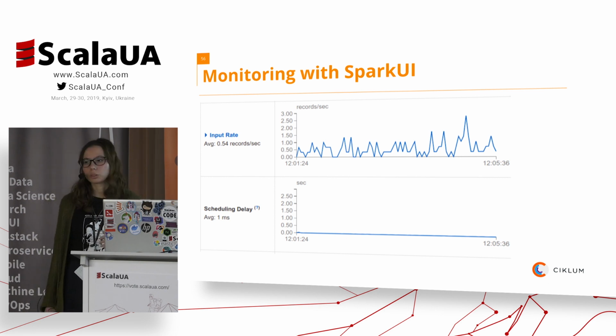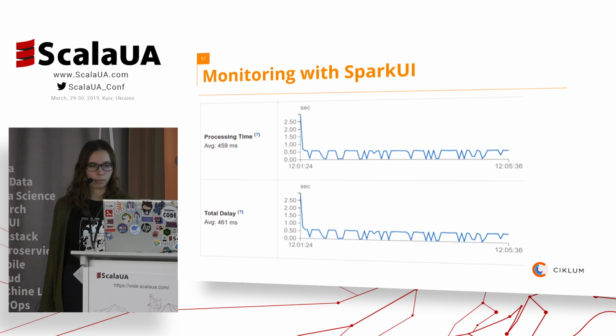The scheduling delay chart is practically flat here, simply because we almost do not have a delay. Also, we have a processing time graph. We simply see how much time is required to process our data, and we have a total delay. On this image, you can see that they are practically the same, which means we almost do not have delays.